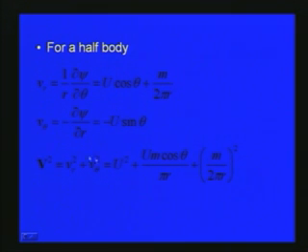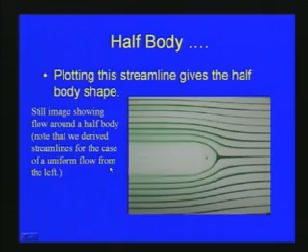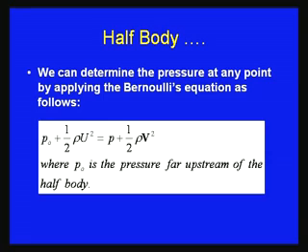Rho is the density, and from this equation we can get the pressure at any point. So this P gives the pressure at any point. All other parameters are already defined with respect to the earlier discussion. So to determine the pressure at any point on a half body, we can use Bernoulli's equation as discussed here.